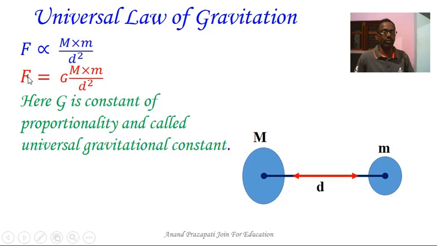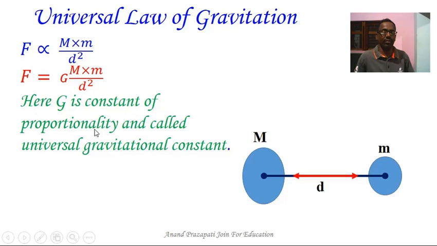So F equals G M m by d squared. Capital M denotes the mass of the big object and small m denotes the mass of the small object, and the distance between them is d.